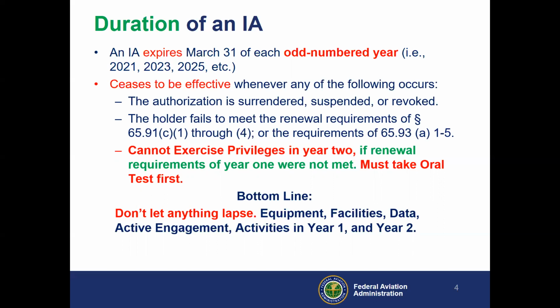If you didn't meet the requirements in year 1, you will have to take an oral test administered by an FAA ASI and successfully pass that test before you can exercise privileges in year 2. So the bottom line is, don't let anything lapse. This means equipment, facilities, data, or the active engagement, or those activities that are required in year 1 and year 2.